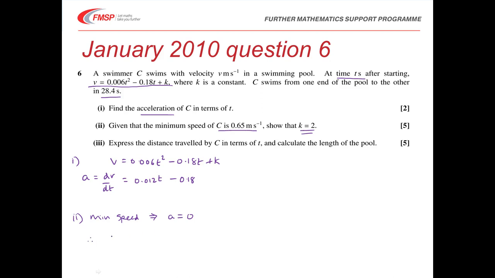Therefore, the acceleration, which is 0.012t minus 0.18, must be equal to 0, which means 0.012t equals 0.18, adding 0.18 to both sides, and now dividing both sides by 0.012 gives me a value of t which is 15 seconds.